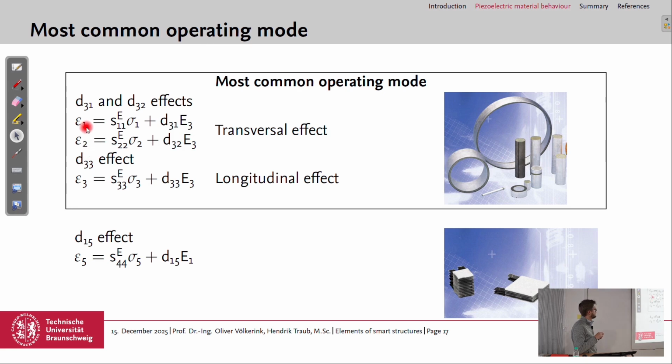And we could also use it in the two directions, so in the other in-plane direction. Then we have to use S22 and sigma 2 and D32, but they are similar. D31 and D32 have similar behavior, and we still use the field in the thickness or three direction.